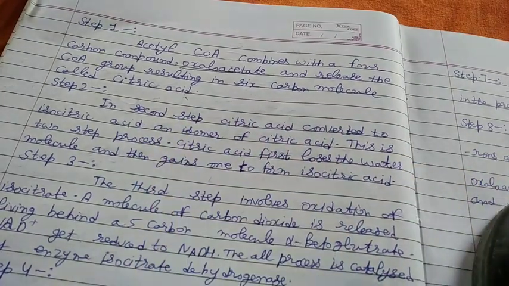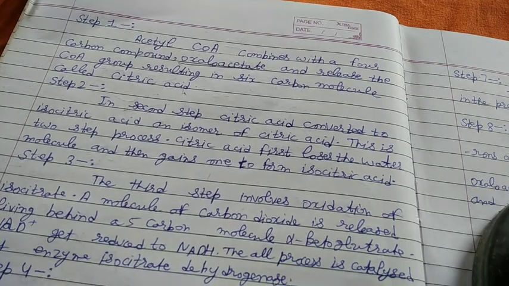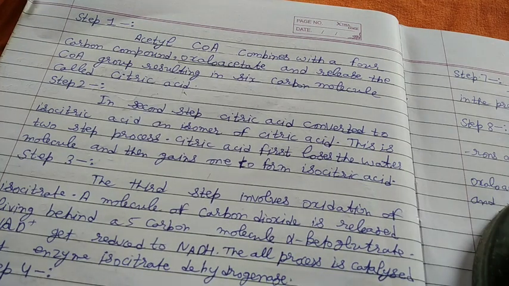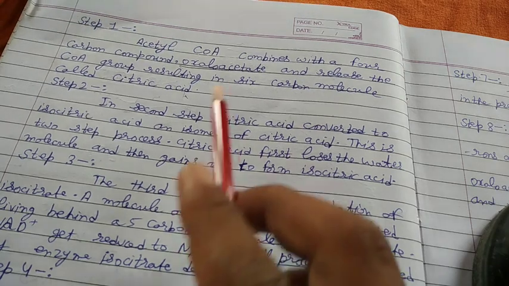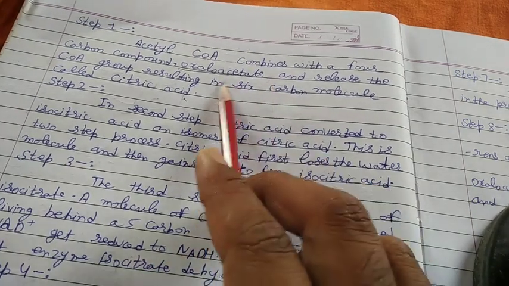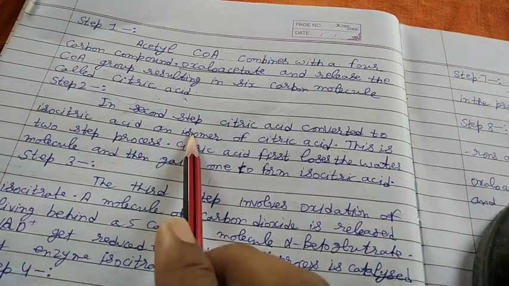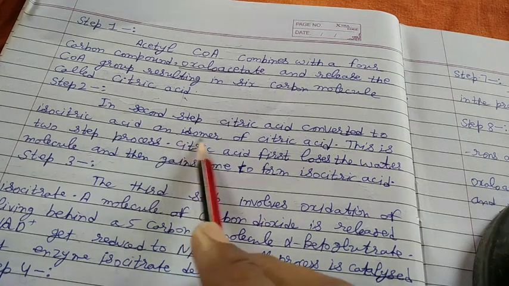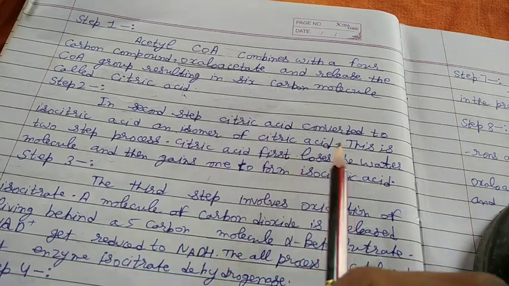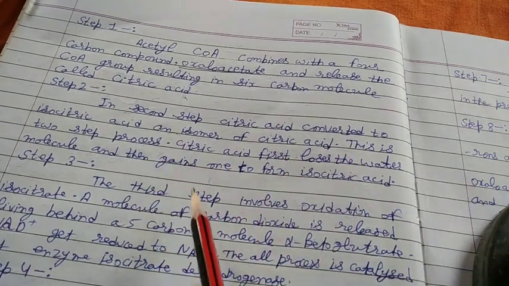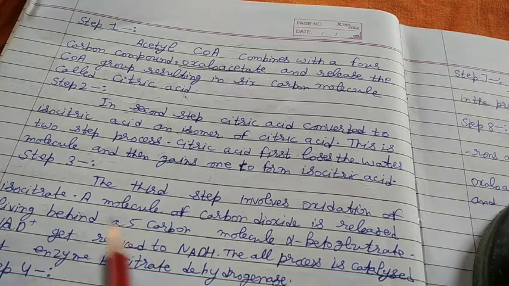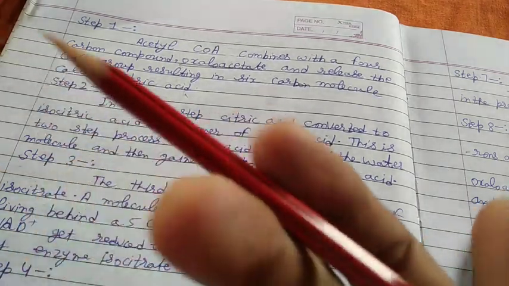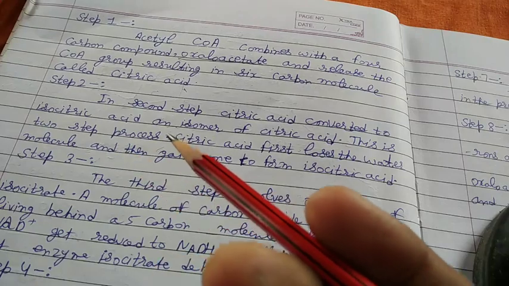So guys, as you see in the diagram which is drawn, oxaloacetate is the first step, and the second step is citric acid converted into isocitric acid, an isomer of citric acid. This is a two-step process. After reading this, you will understand the cycle completely.